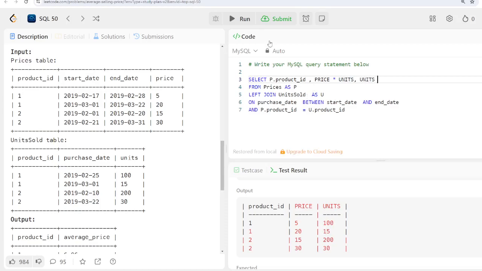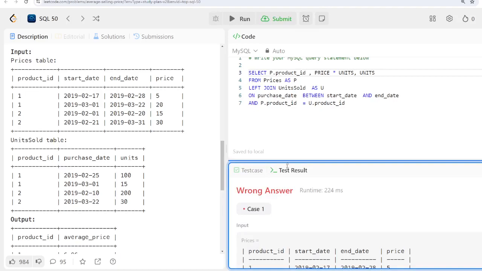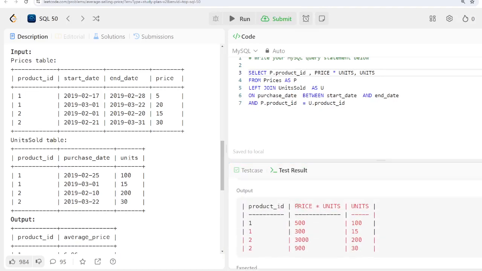And yeah, now let me run this. All right, so I got this output. Now I have the price into units and the units. Now what I have to do, I have to do the sum for this column and for this column as well, because I have to calculate for each product ID.